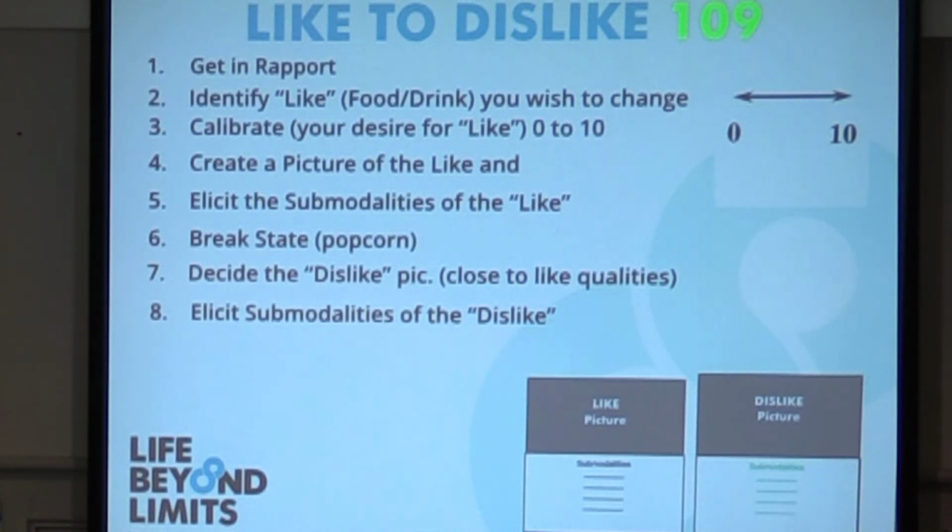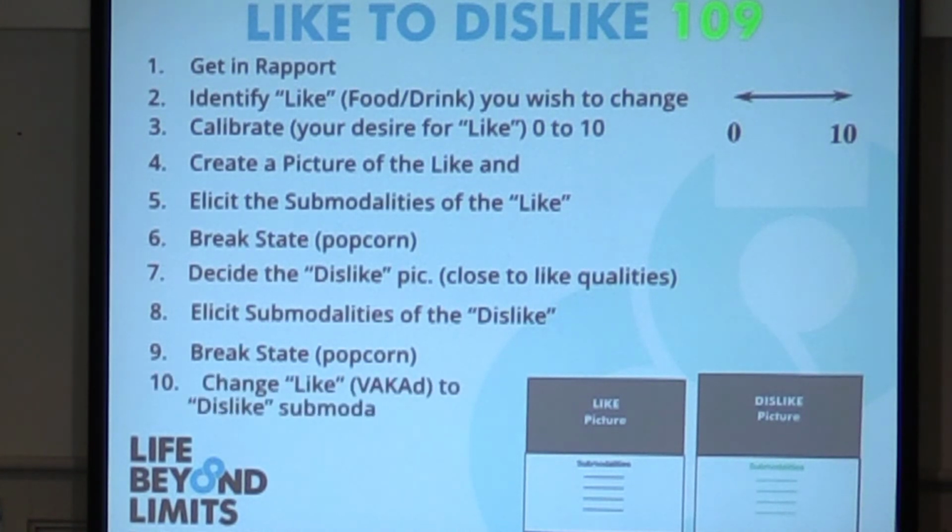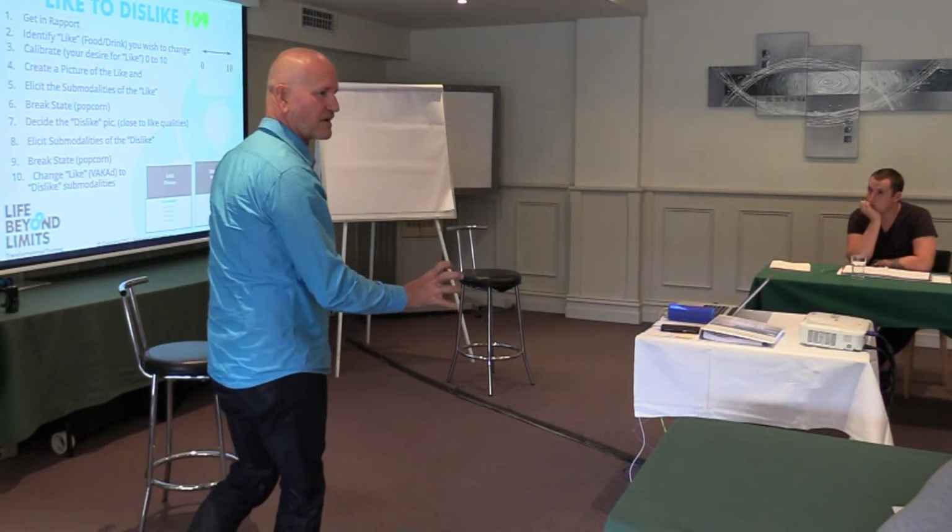Now, the process is quite simple. You break the state again because now you're about to move those over to there. So these submodalities just move there. So you are just basically grabbing that picture, but you are using those submodalities. Keep it simple, guys.